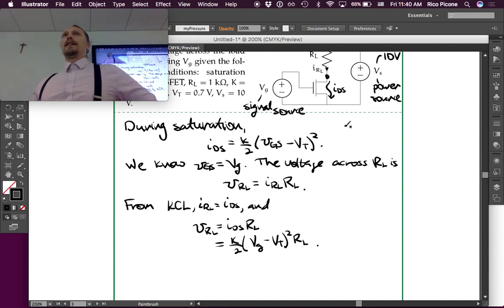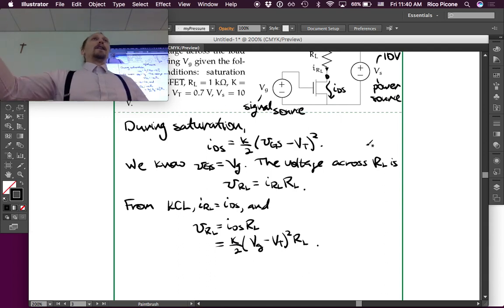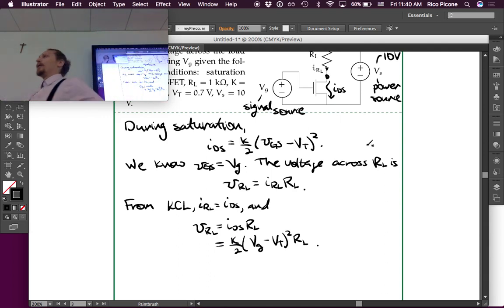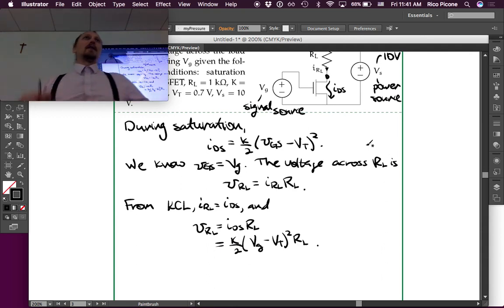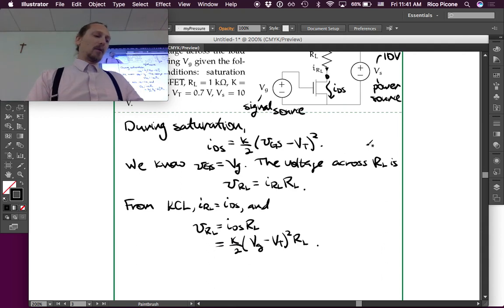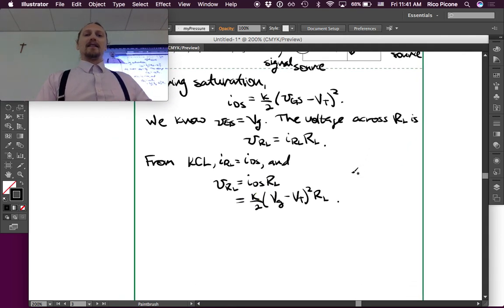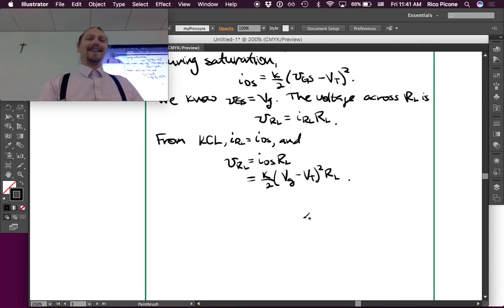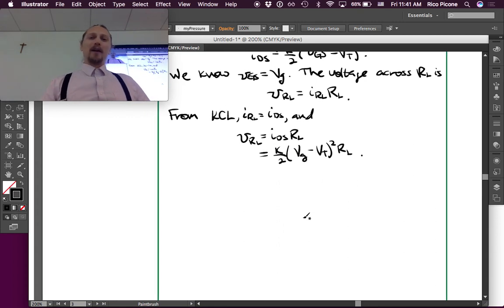We're using this formula for saturation, and it's valid when we're in saturation, but we don't know what values of VG will leave us in saturation. So that's the last thing we need to do, and it's actually more difficult to analyze that than to get this expression. But that's okay. It's not too bad.